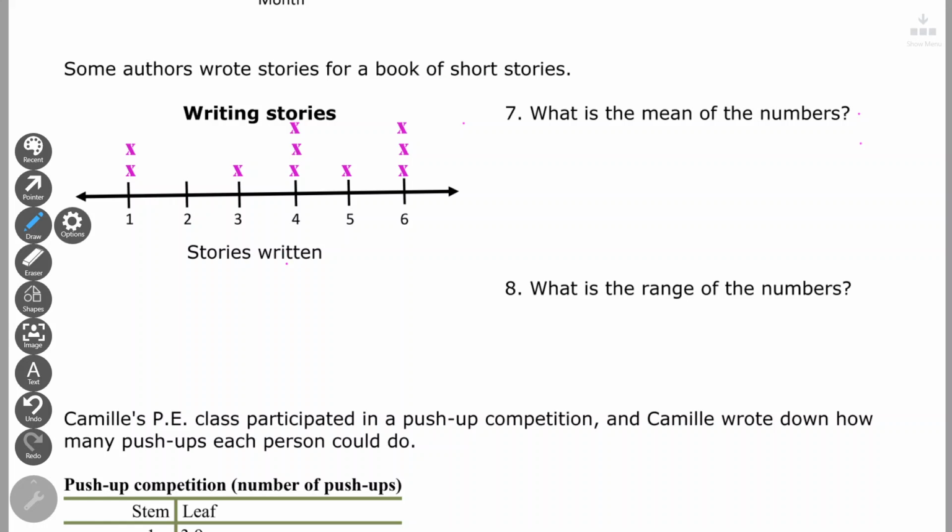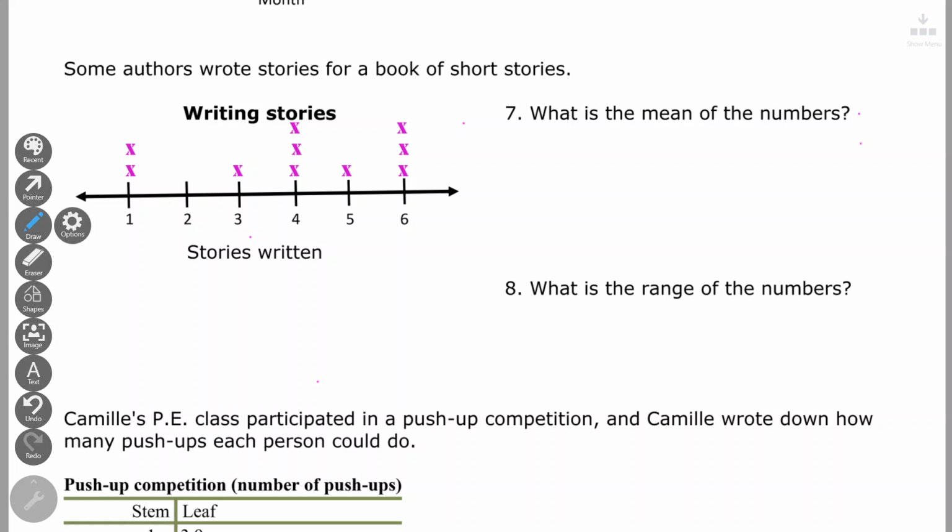The stories that were written were 1 through 6. So we've got stories written. That means one story happened twice, right? So 3 occurred once, 4 there were 3, 5 there was 1, and 6 there were 3.